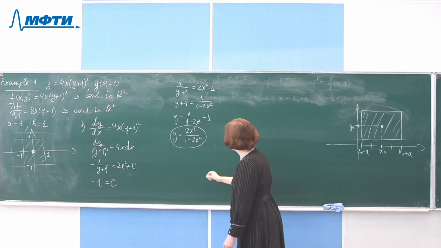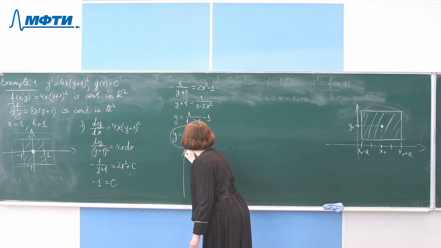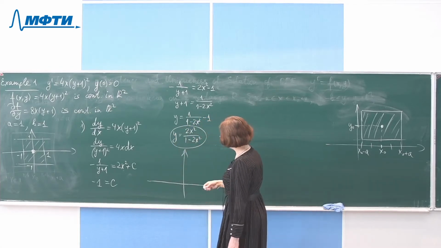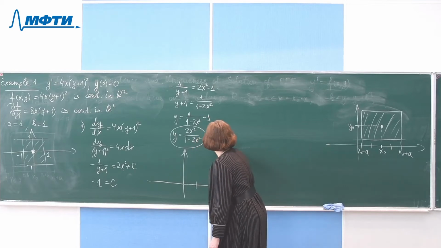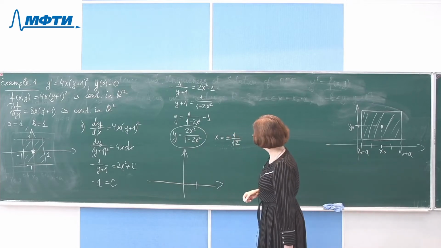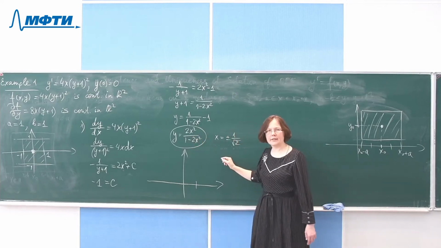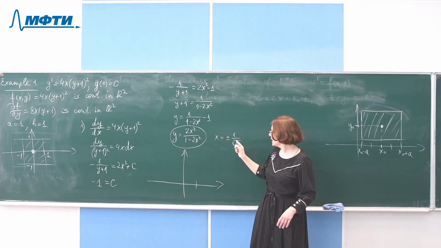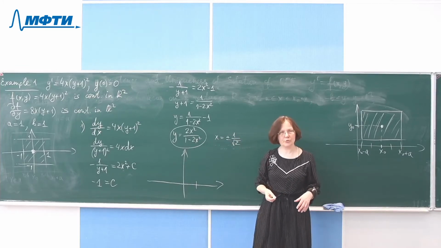And if we try to draw the graph of this solution, we will have the following. There are two asymptotes, x equals plus or minus 1 over root 2. Look at the denominator. It vanishes when x equals plus or minus 1 over root 2.